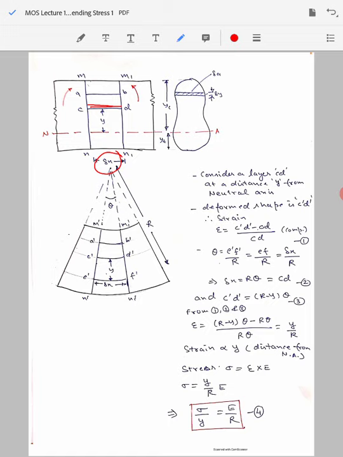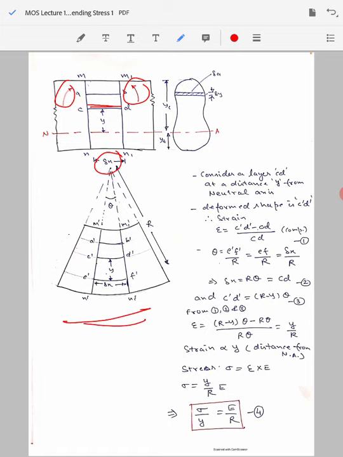Now this applied bending moment will cause the beam to deflect in a circular shape, and it will acquire the shape as shown over here. This fiber CD will get deformed into a circular arc C dash D dash, and as I have already discussed, C dash D dash will be smaller in comparison to CD.